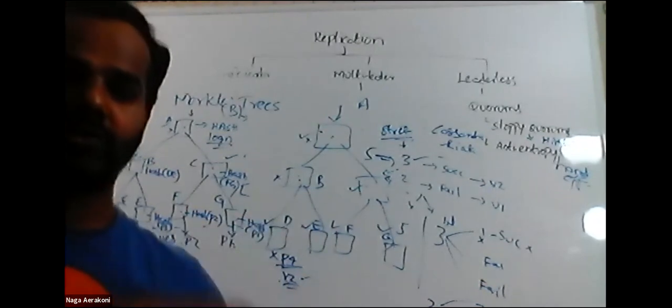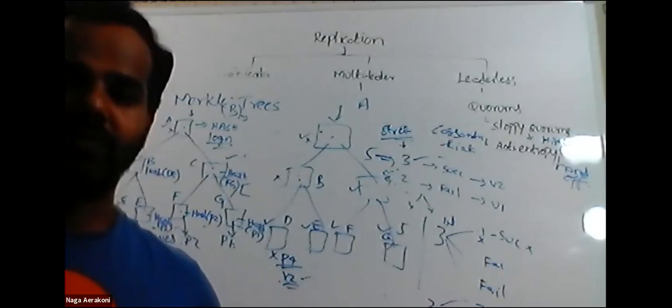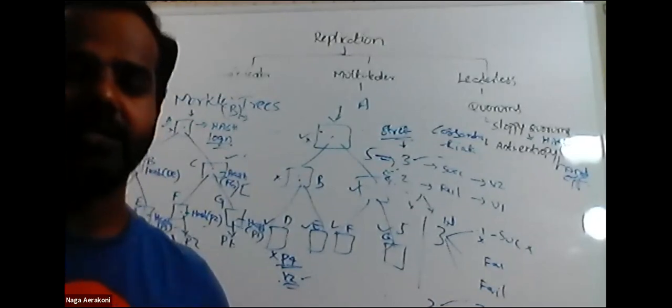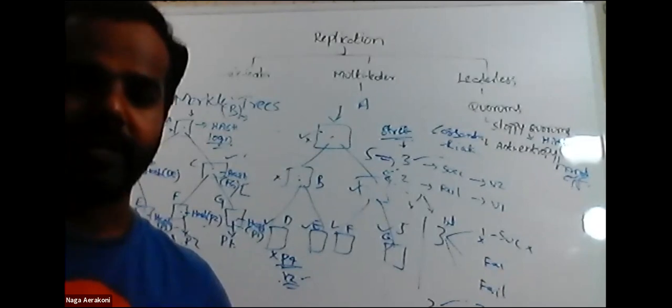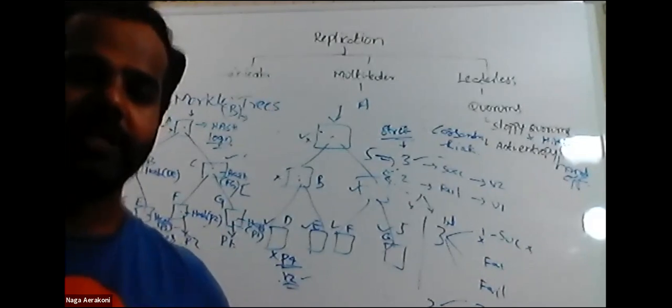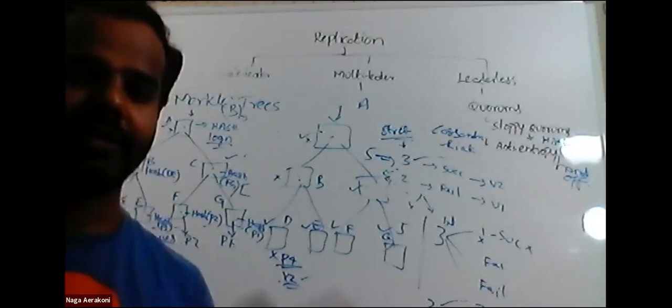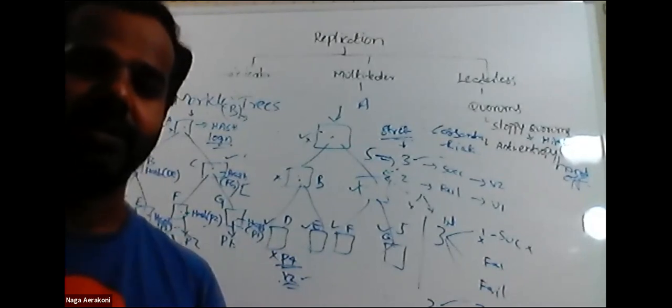Now that you have understood most of the terms, if you go and browse, or if you have Designing Data-Intensive Applications by Martin Kleppmann, that's a very good book. If you go to the replication chapter, it is in detail. But if you haven't started reading, don't go straight into the replication chapter.